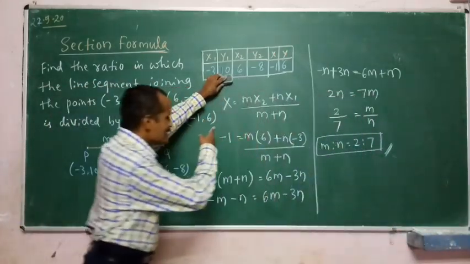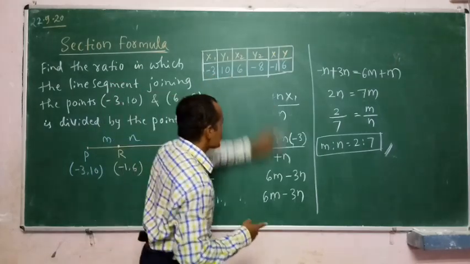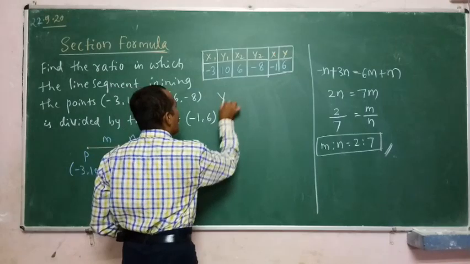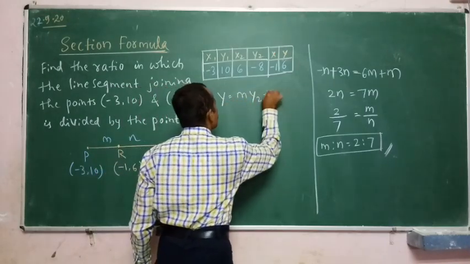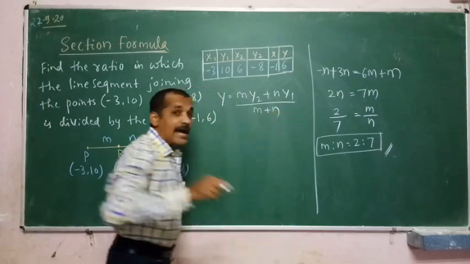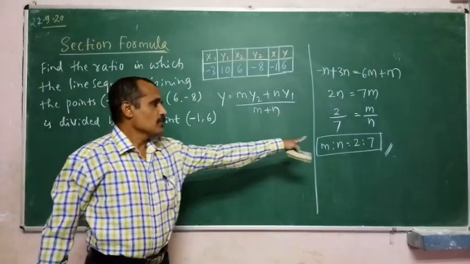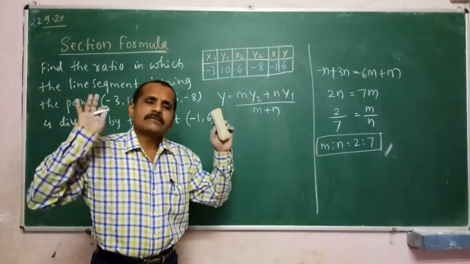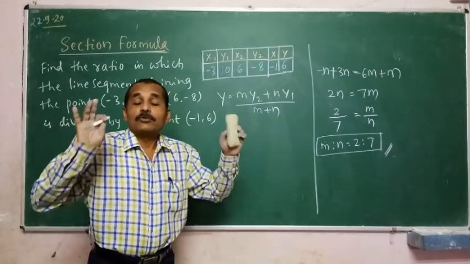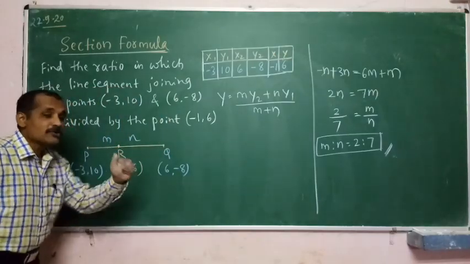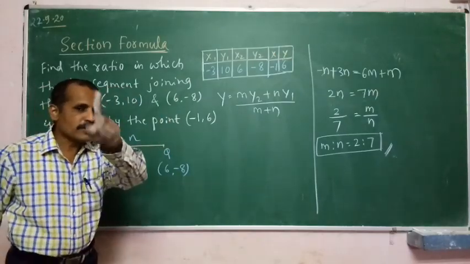Now let me solve the same problem by the second formula. y equals (m y2 plus n y1) divided by (m plus n), and we will confirm that you are getting the answer 2 is to 7. Thereafter we can come to the conclusion that to find the ratio, only one value is sufficient.